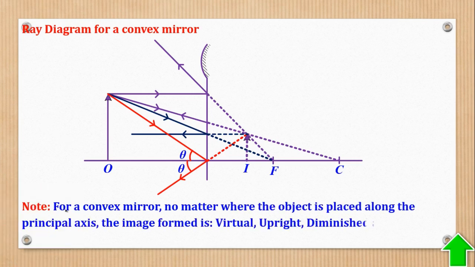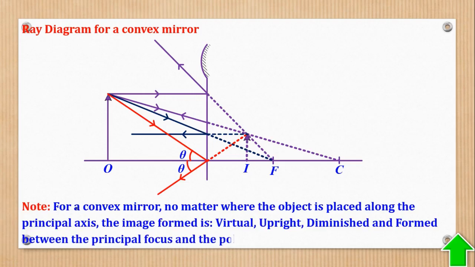But there's something we need to note. Unlike for a concave mirror, when it comes to a convex mirror, no matter where the object is placed along the principal axis, the image formed is virtual, upright, diminished, and between the principal focus and the pole.